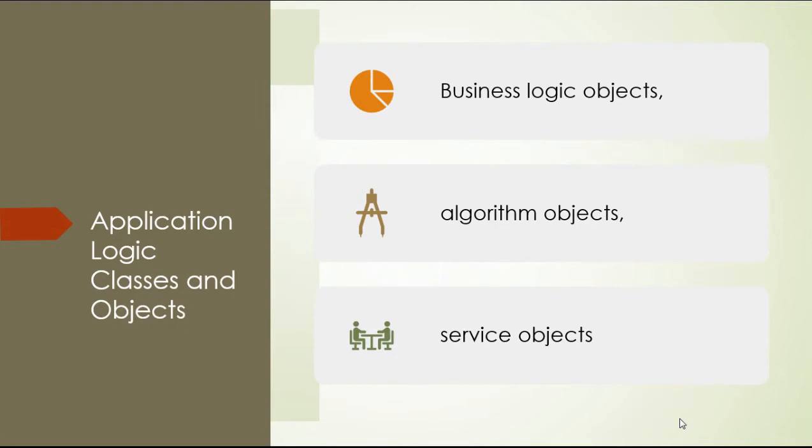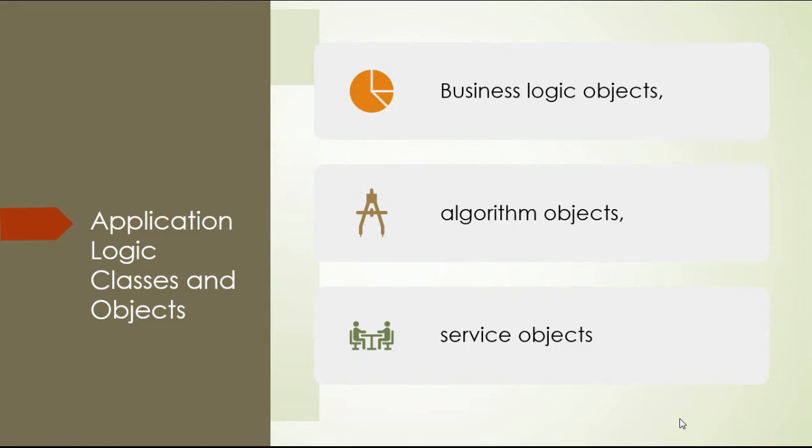So we need to represent these activities in software objects. We need to hide these activities in a separate object. So we separate these activities in objects. We call them application logic objects.